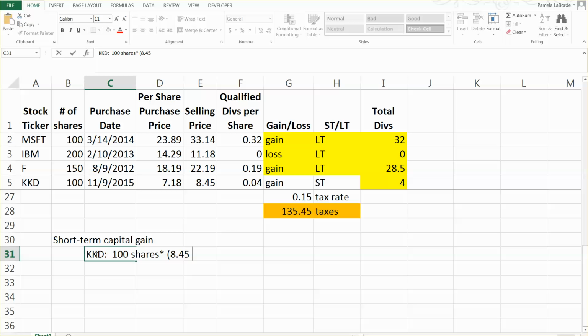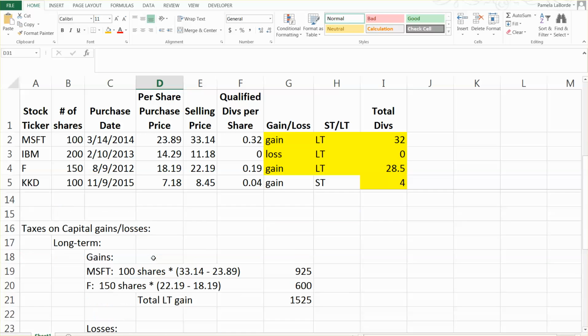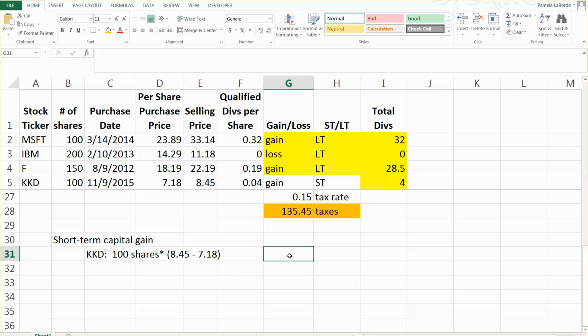It would be the 845 minus the 718. So here is where I'll do the math: 100 times the 845 minus the 718. So I had a short-term capital gain of $127, and that's the only short-term gain or loss that I had, so I don't do any more.